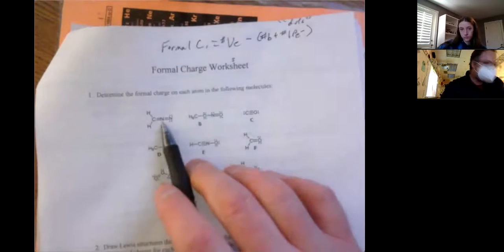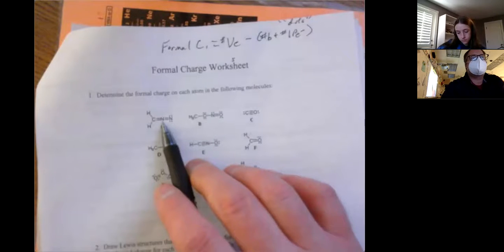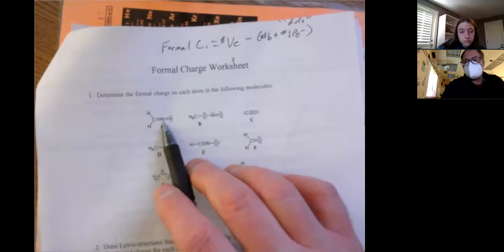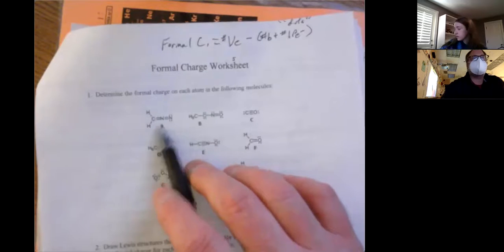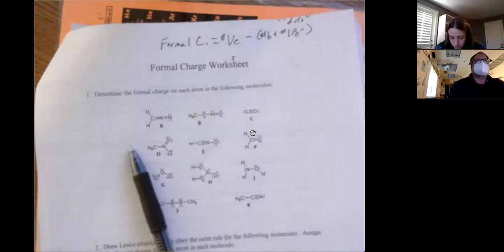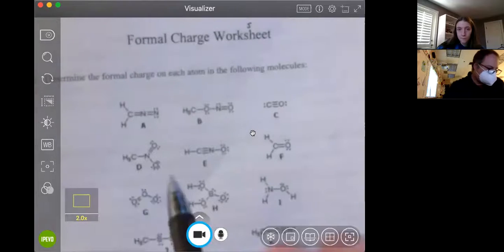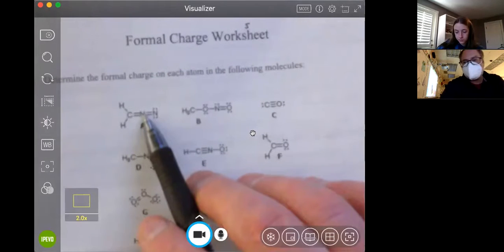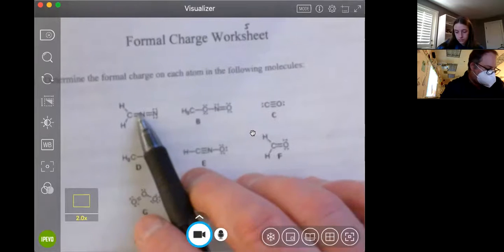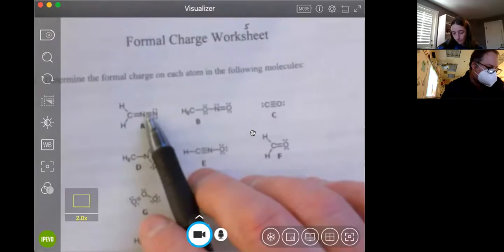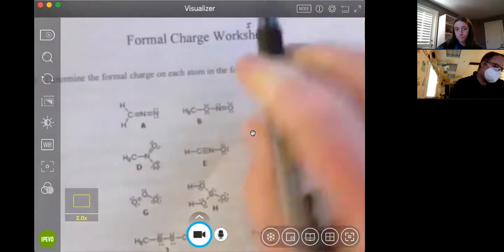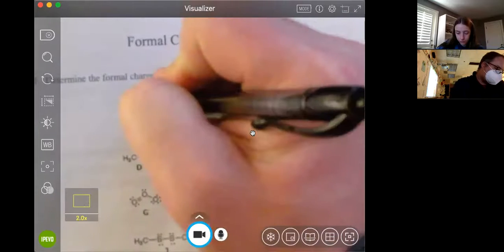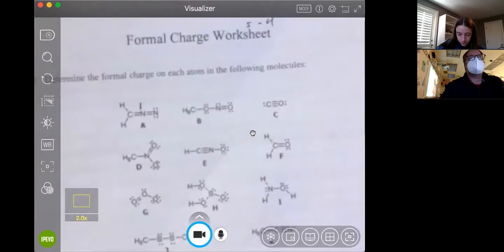So how many bonds does this nitrogen have? 4 total bonds. We're counting the bonds, not the bonded atoms, because we're counting 1 electron, 2 electron, 3 electron, 4 electrons. So 5 minus 4 is 1. So the formal charge of that nitrogen is 1.